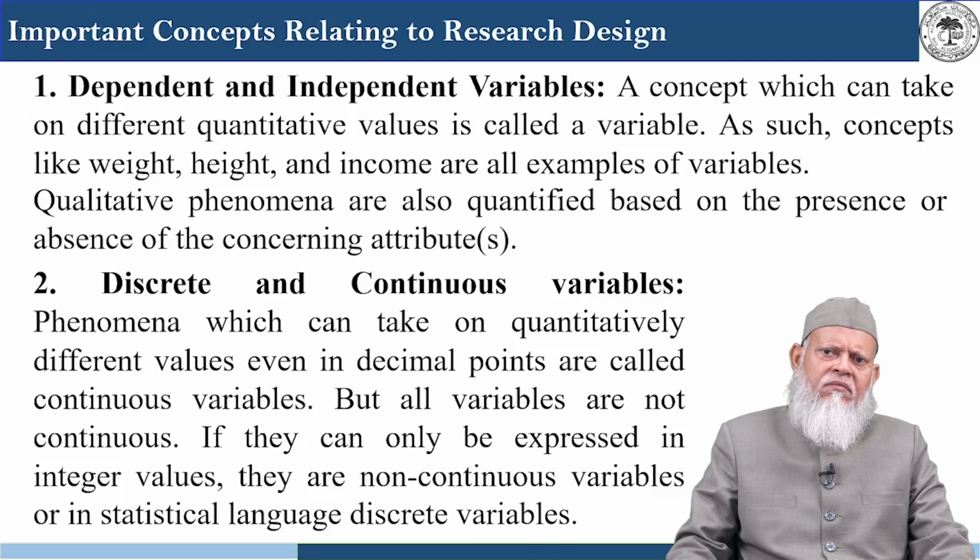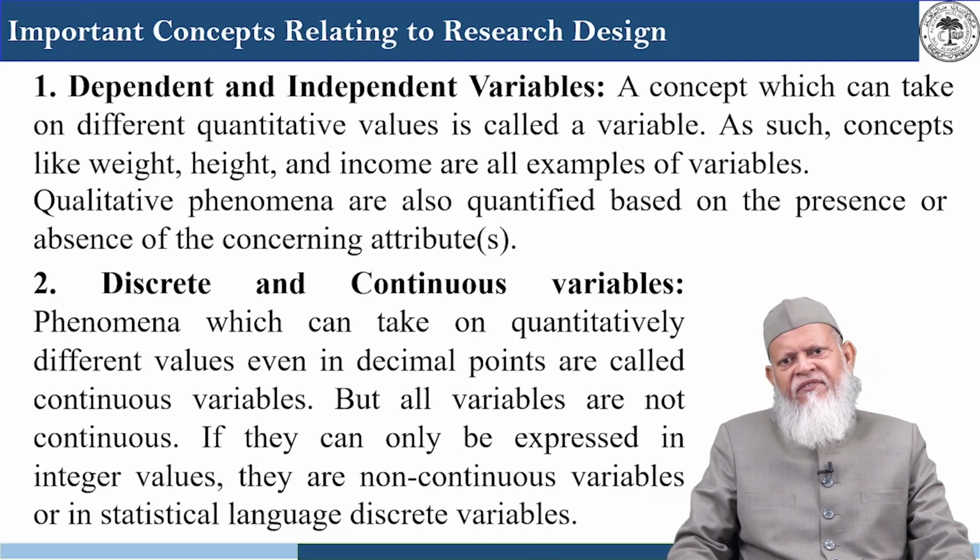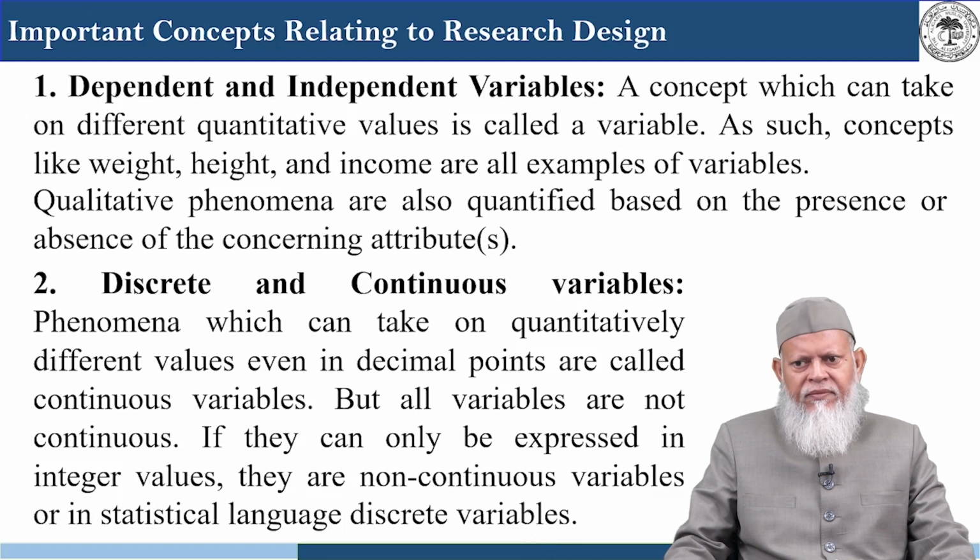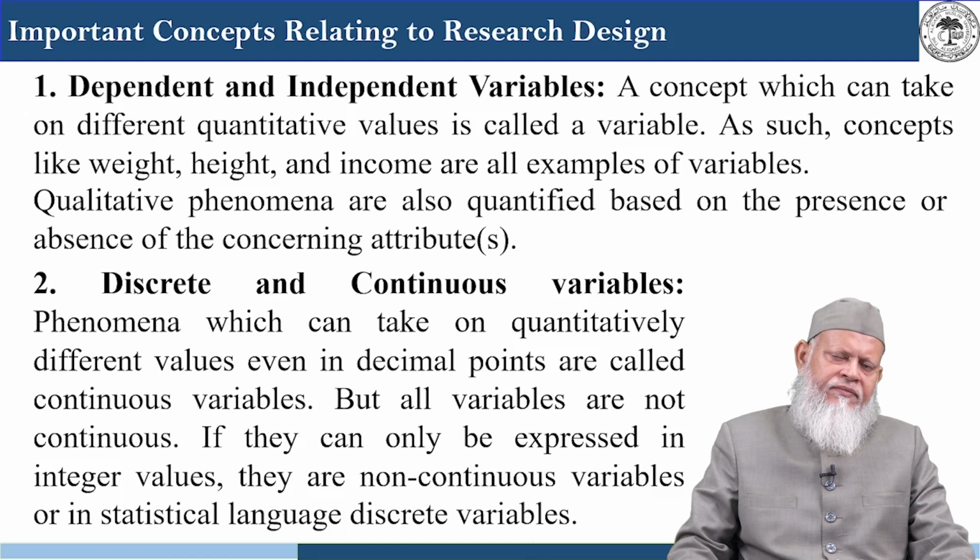Suppose we are studying honesty, then it would be either there or not there. If it is there, in the table we write 1, and if it is not there, we write 0, that is absence. So the qualitative data is quantified according to the presence or absence of that attribute.